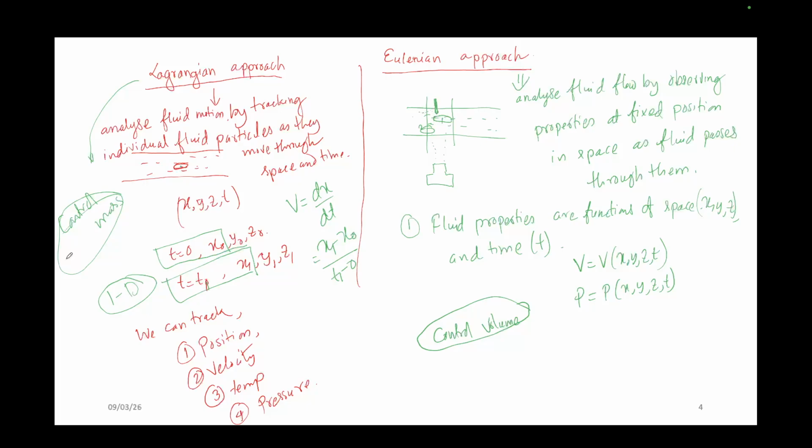And at that position, whatever particle is flowing over it, it will track all of those particles. The position is fixed, the particle may be different. So the main thing is that the coordinate is fixed. X, Y, Z, this coordinate is fixed in the Eulerian approach, whereas this coordinate can vary in the Lagrangian approach.